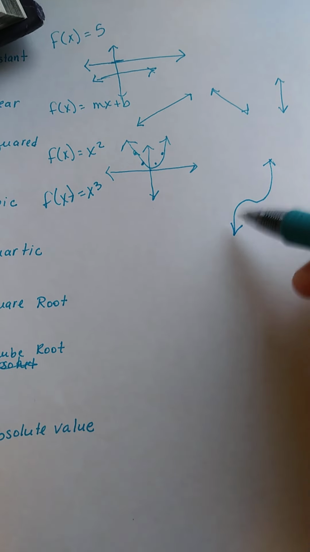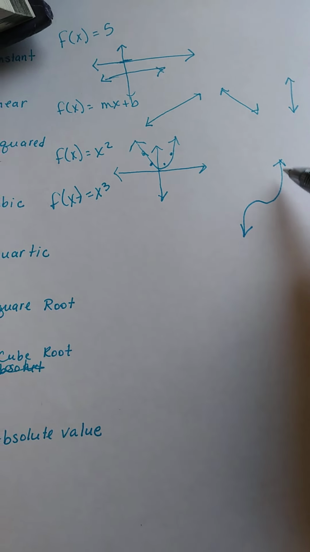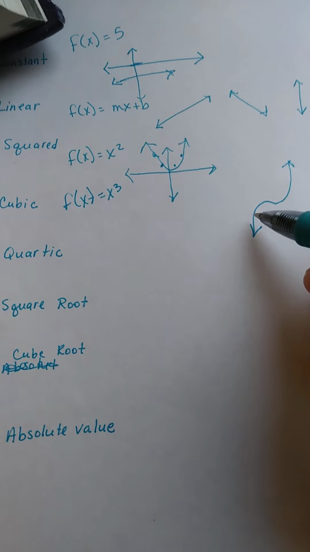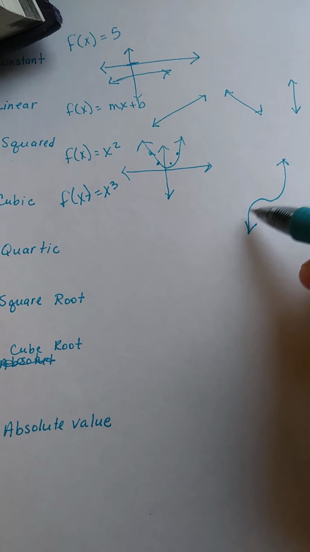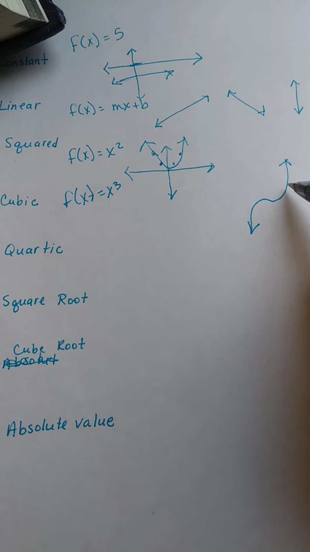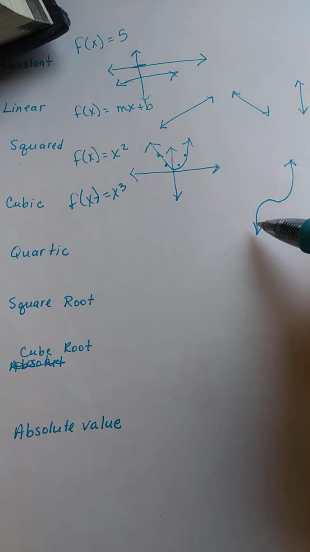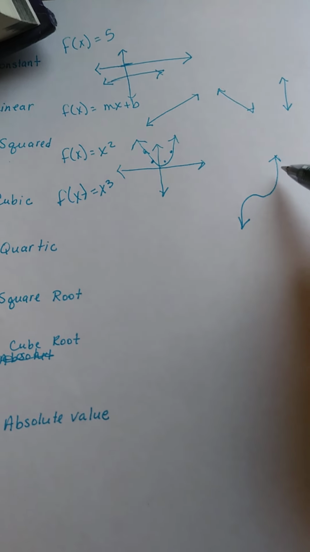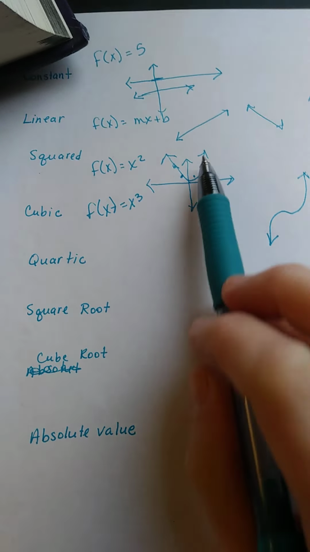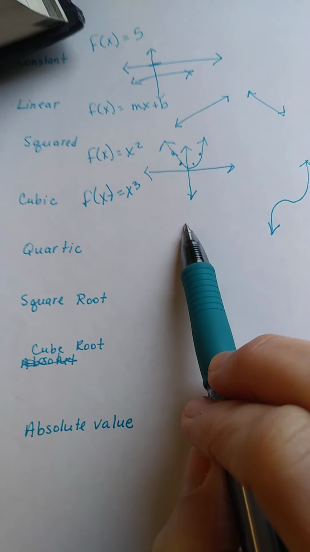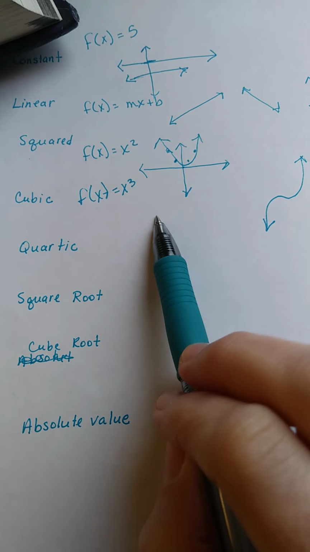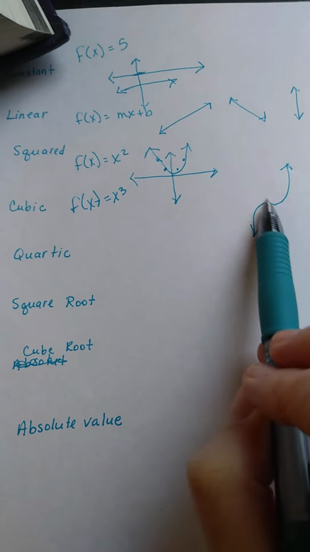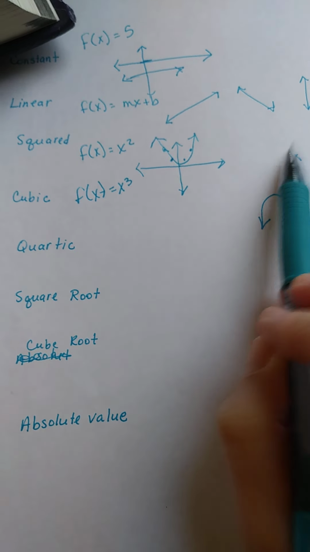A cubic function has kind of a mirror image on the top and the bottom because -2 cubed is -8, +2 cubed is +8. -3 cubed is -27, 3 cubed is +27. So you see it's kind of that same parabola, but it's been twisted downward because negatives stay negative, but the positives all stay positive.